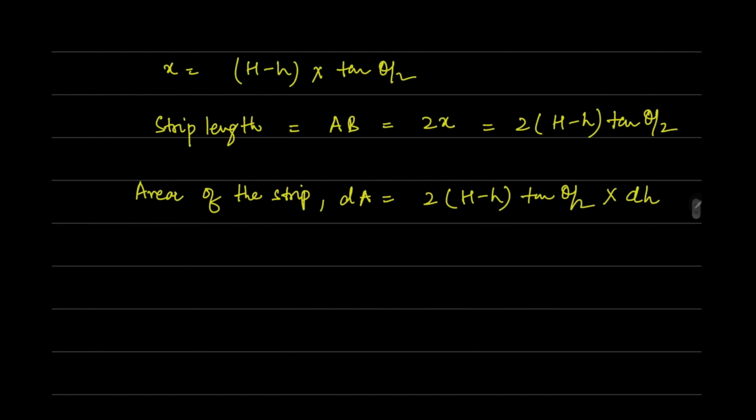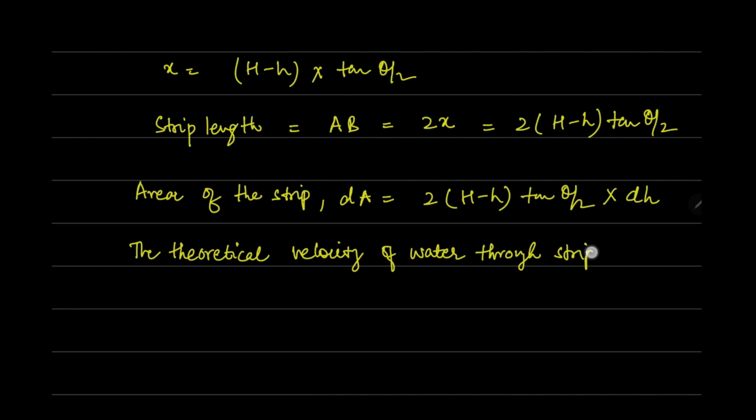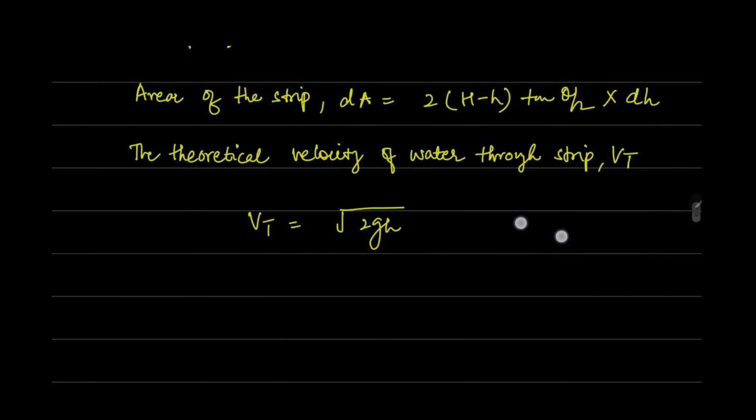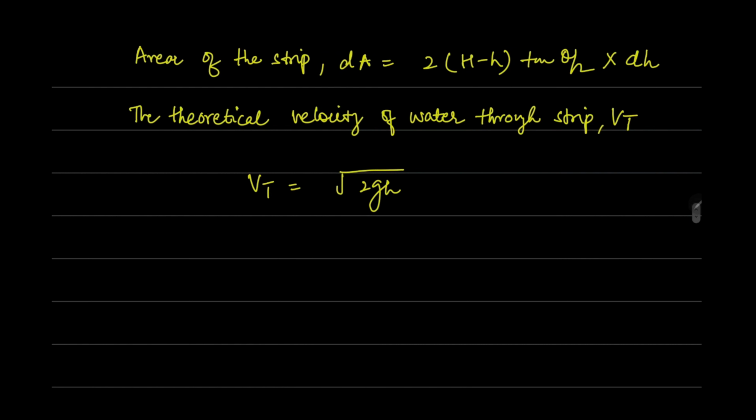Now the theoretical velocity of the water through this particular strip, Vt, can be written as under root 2gh, where h is the head above the strip.